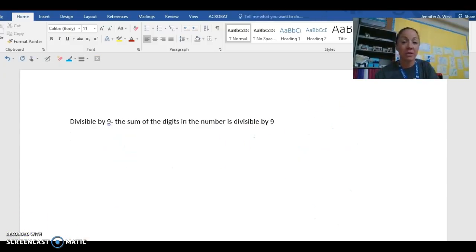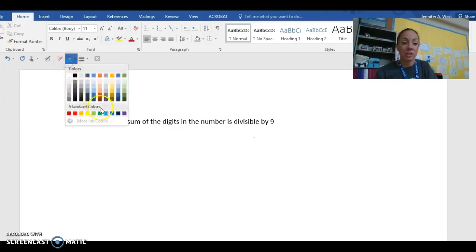For a number to be divisible by 9, the sum of the digits in the number must be divisible by 9. So it's kind of similar to the divisibility rule for 3s. We have to add all the digits together and see if it's divisible by 9.